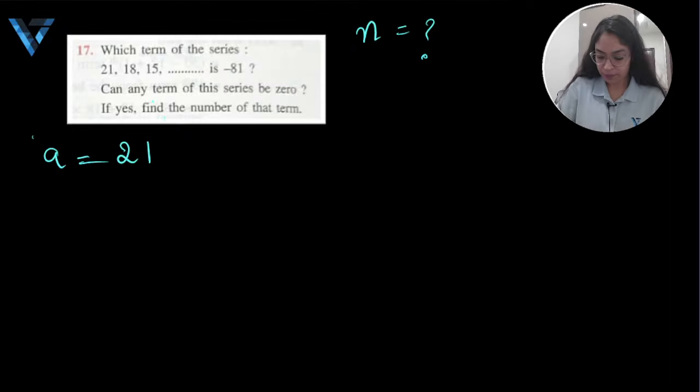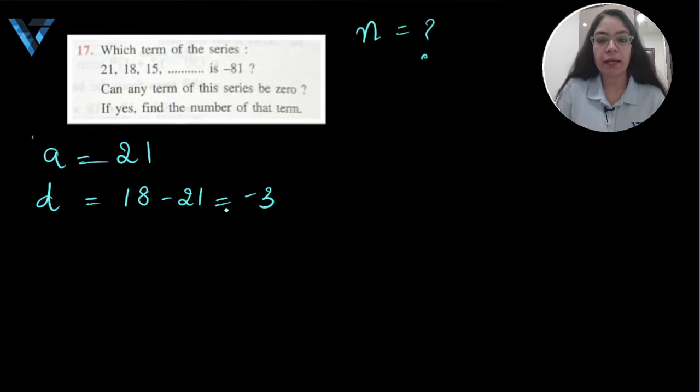And what about d? Common difference is equal to second term minus first term. So 18 minus 21 is equal to minus 3. So a is 21, d is minus 3.